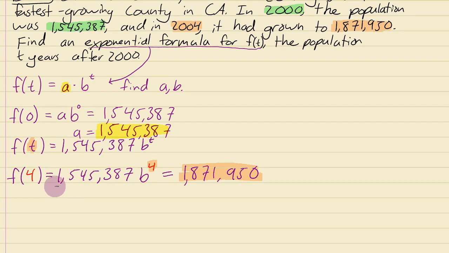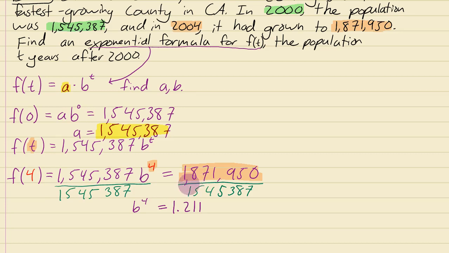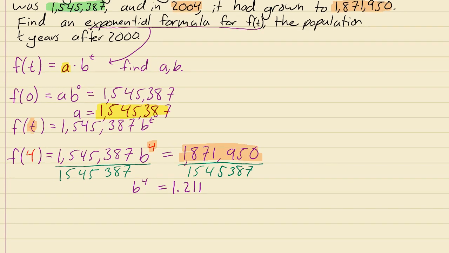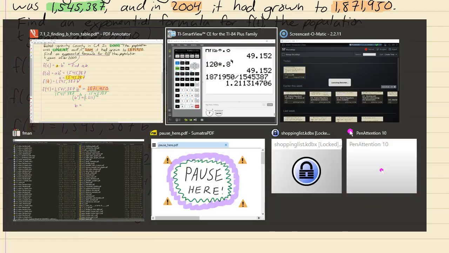I can divide both sides by this number, and I did that division with my calculator and rounded it off to 1.211. Then if you want to cancel out the fourth power, you can take a fourth root of both sides of that, which by the way, is just the same as raising both sides to the 1/4 power, which is handy when you want to plug it into your calculator.